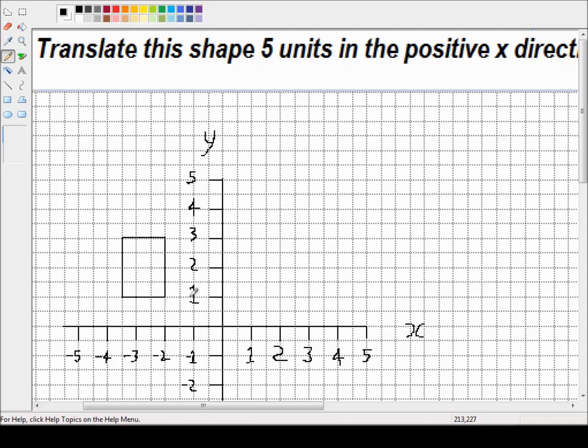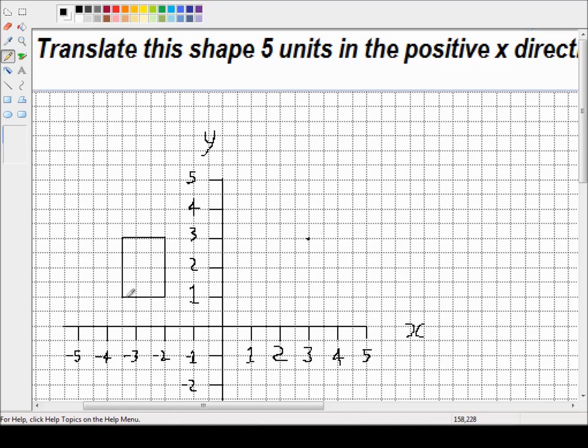So I've got to add 5 units to the x, so negative 2 plus 5 is positive 3, and 2 units in the y direction, so that 1 is going to become a 3. So I need to go up to this 3 here, so this is 3, 3.